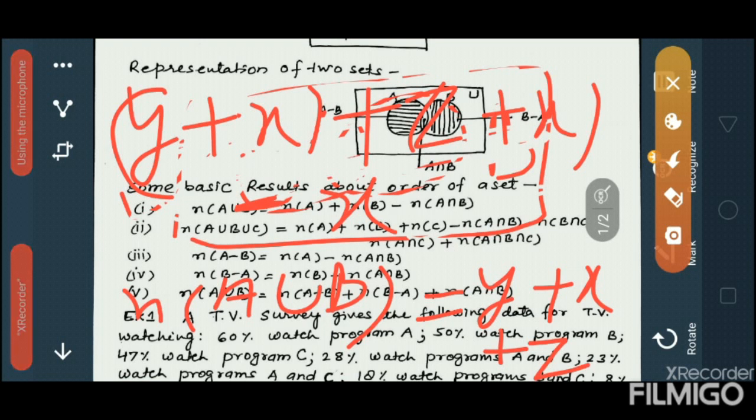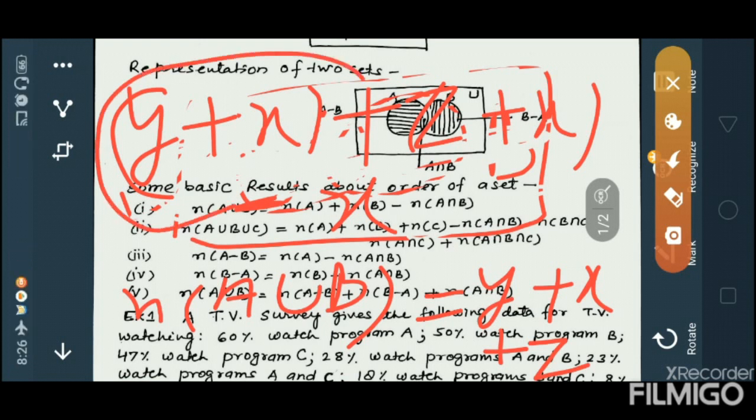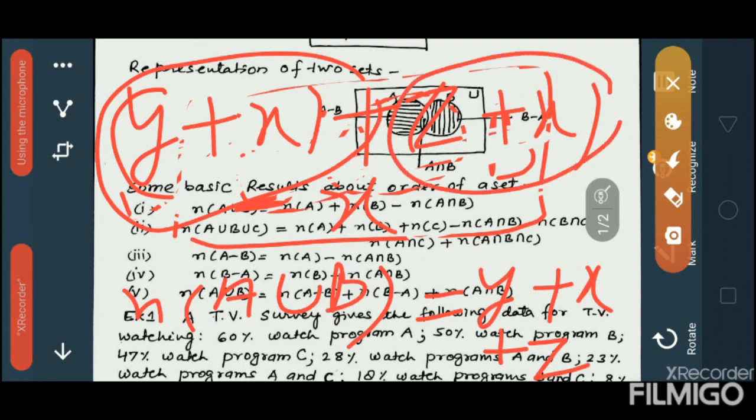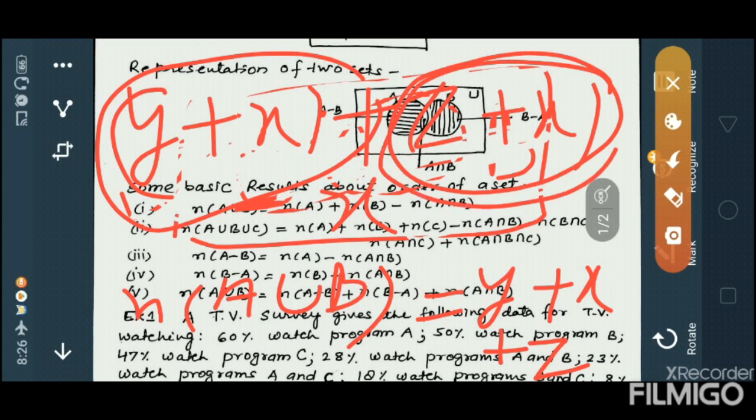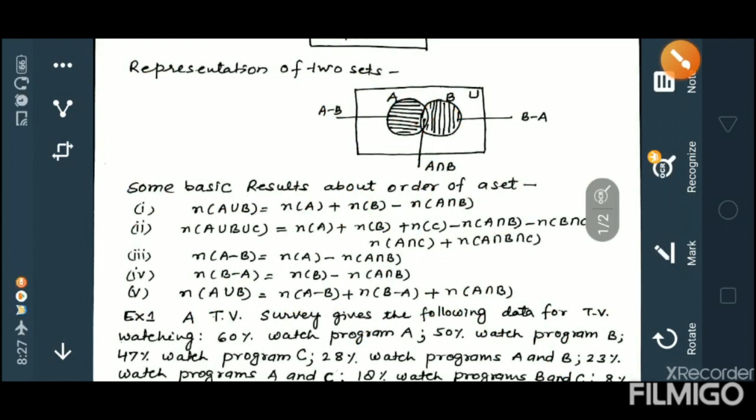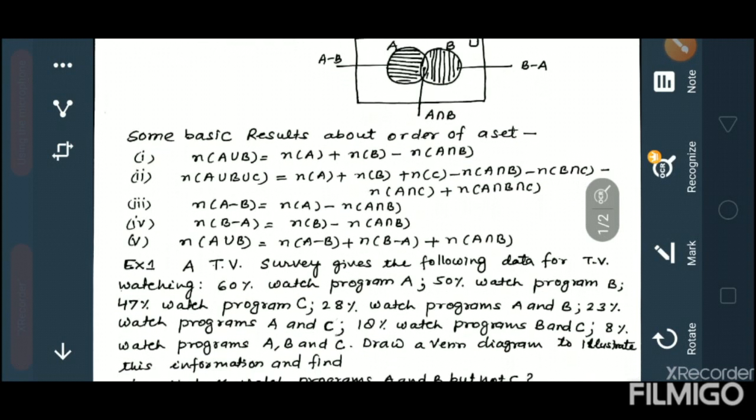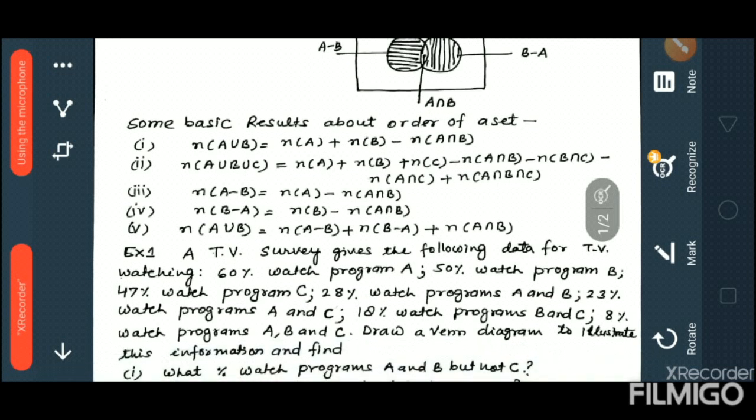Y plus X is n(A), Z plus X is n(B), the number of elements in B, and X is the number of elements in A intersection B. So here we can establish this formula by Venn diagrams also. Now move to our property 2. Property 2 is the number of elements in, here there is a case of 3 sets.